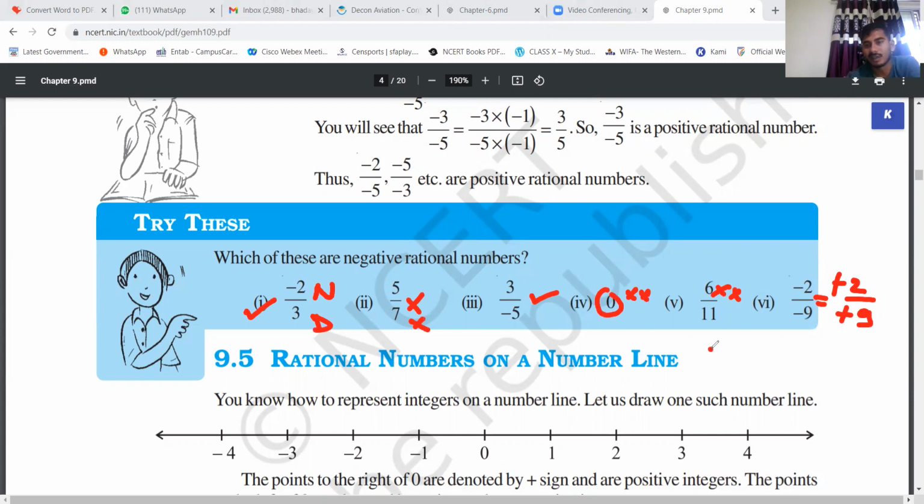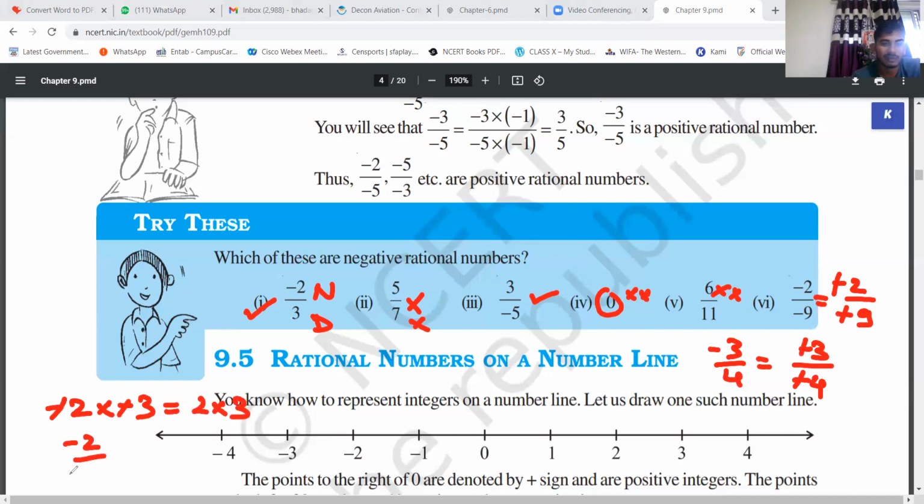For example, -3 and 4, then it is a rational number. But if there is -3 and -4, in such a case, minus will be cut down. Similarly, -2 by -3, minus will be cut down, it will be 2 by 3. Remember, you need to remember this part.